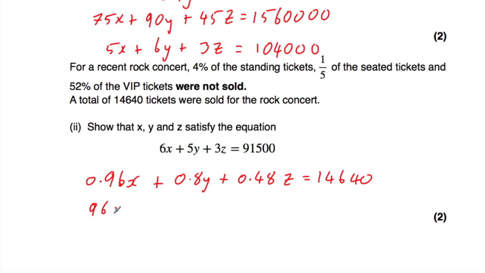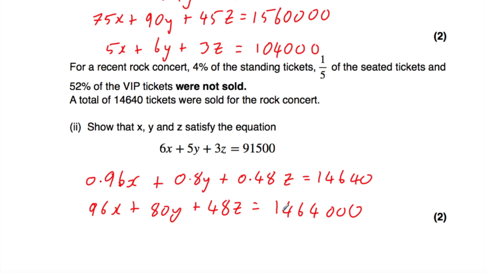Now let's multiply the whole equation through by 100. So we're going to get 96x plus 80y plus 48z equals 1,464,000. And then we want to get 6x, 5y, and 3z. So if we divide these terms by 16, because 96x divided by 16 is 6x, 80y divided by 16 is 5y, and 48z divided by 16 is 3z.